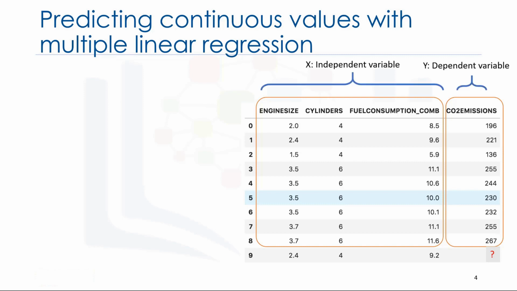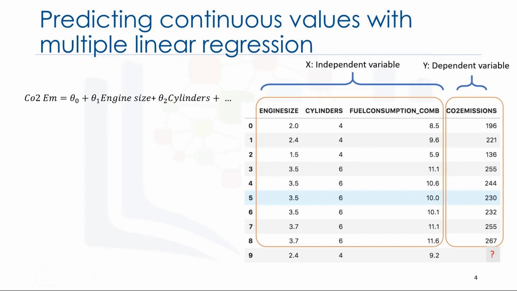In multiple linear regression, the target value, y, is a linear combination of independent variables, x. For example, you can predict how much CO2 a car might emit due to independent variables, such as the car's engine size, number of cylinders, and fuel consumption.